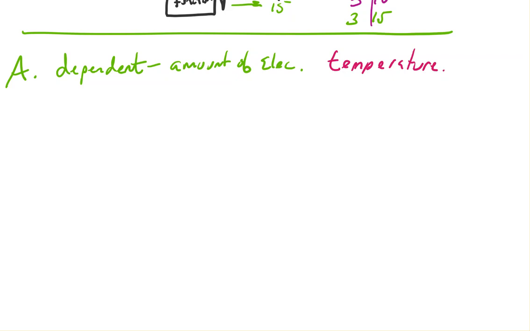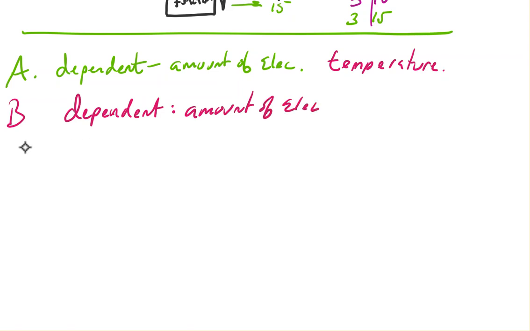So for question B, what is the dependent variable and what is the independent variable? The dependent variable is the amount of electricity, and the independent variable is the temperature.